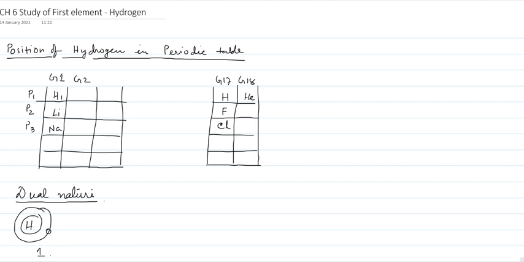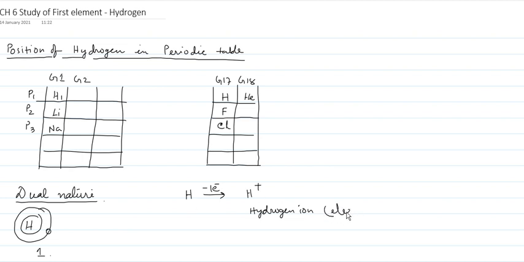No, it is not stable. So hydrogen can lose one electron to form an H plus ion, that is a hydrogen ion. That means it is losing an electron and getting a positive charge.